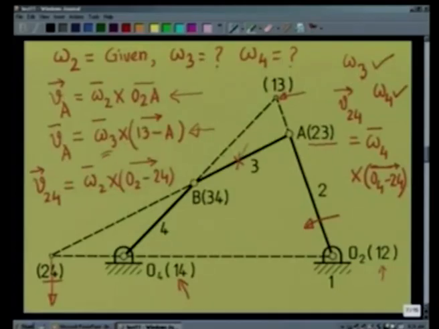So, if I call this point P, the velocity of the point P will be omega 3 cross the vector from 1 3 to the point P. Omega 3 is already known, this vector is known, so I can find the velocity of the point P.